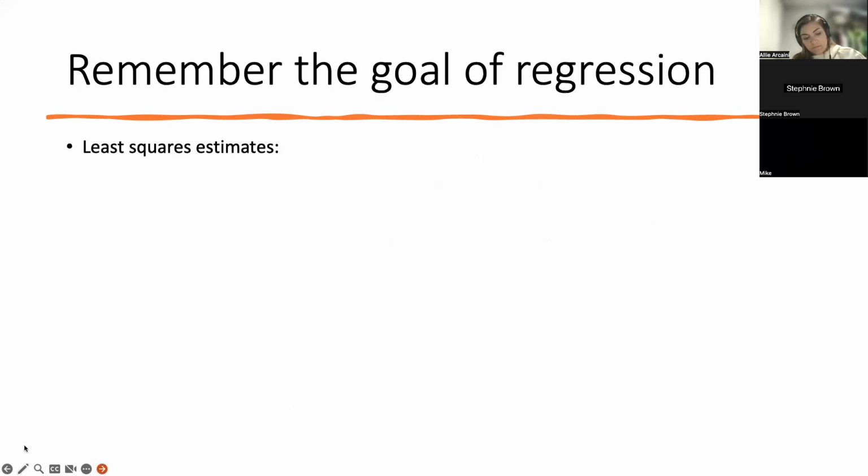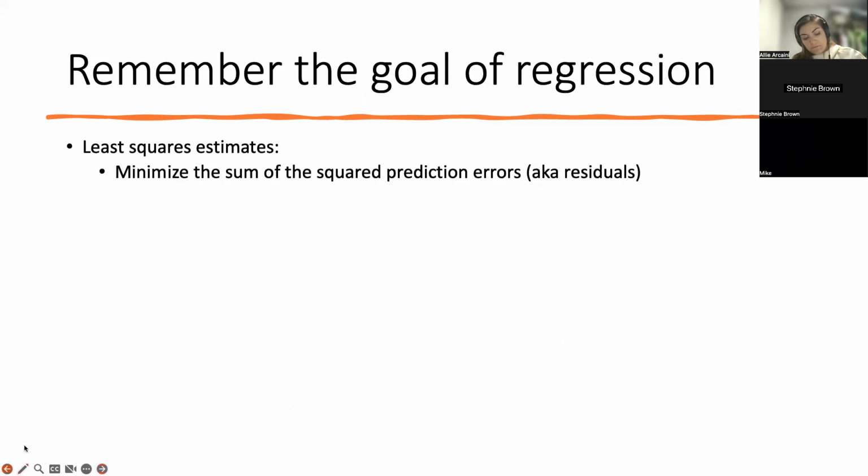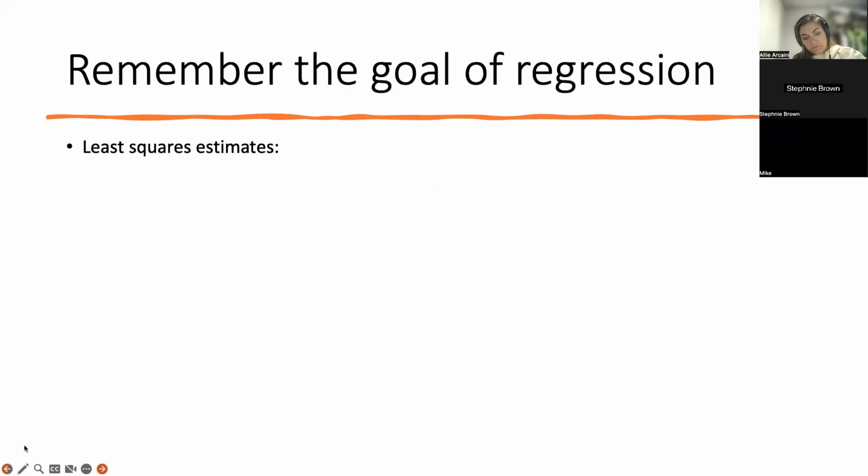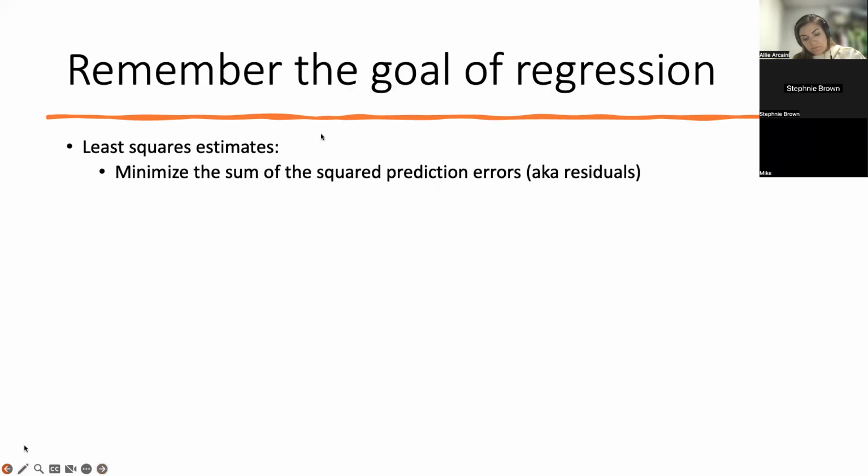Now, remember the goal of regression, because that's like, okay, that's fine, but why do we do this scientifically? So follow me here. Ordinary regression utilizes a least squares criterion, which in statistical decision theory is what we call a loss function. It's basically a way to capture how good we're doing with our model.